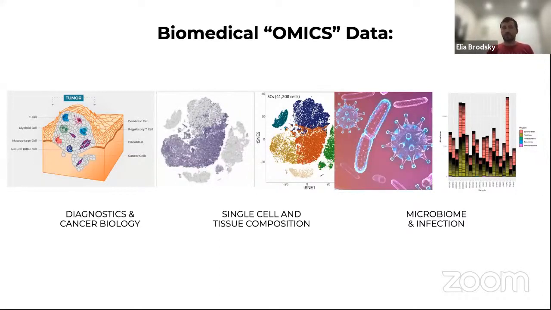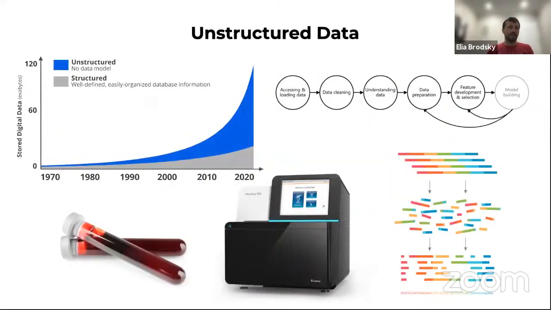And of course, one of the major challenges in this whole field of omics is that the data is actually unstructured. So as you look at the availability of data and the type of data that is being generated, more and more, this is going to be unstructured data, because structured data requires processing. So if you think about collection of biological samples from patients, or even generating that data as a high throughput experiment, you end up with unstructured raw reads.